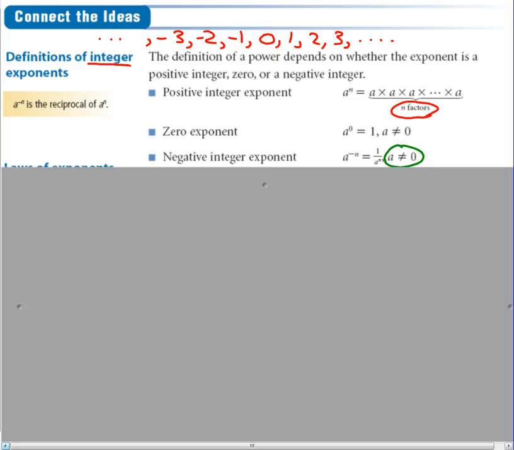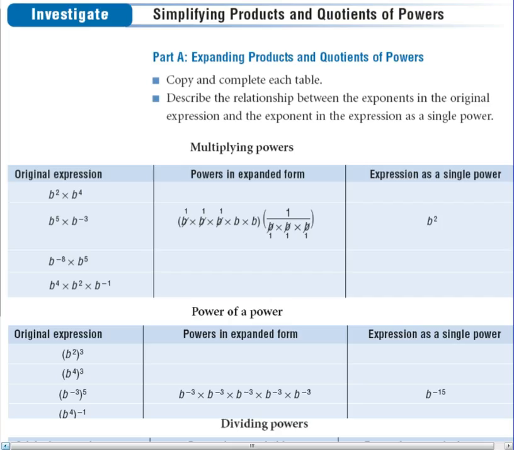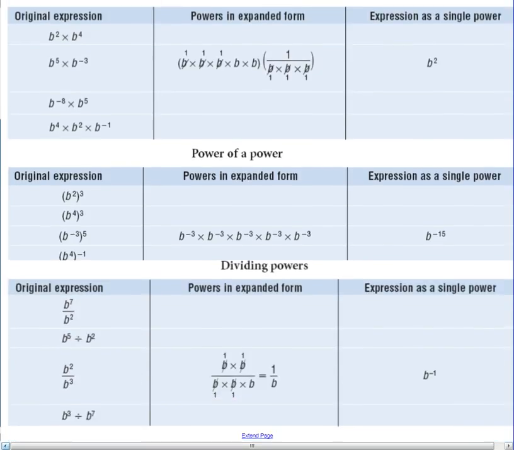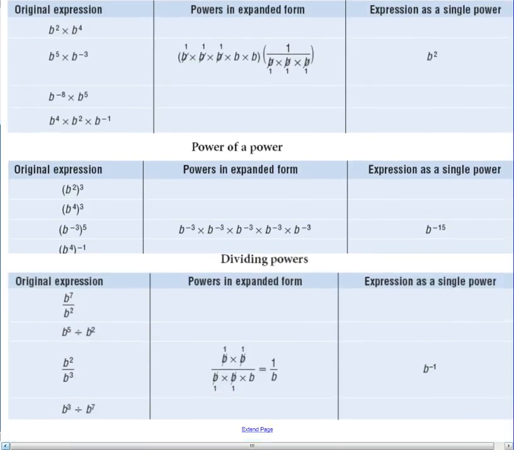So you're going to be doing an investigate in class just to reinforce the laws which you've seen before. You're going to be looking at powers of products. You're going to be looking at the powers for quotients, which is a division of common bases, and then you're going to be looking at power of a power.